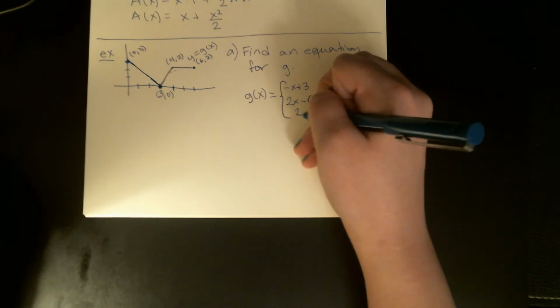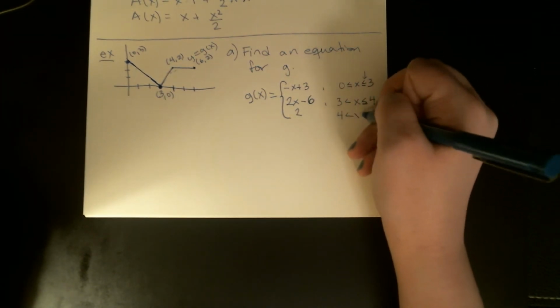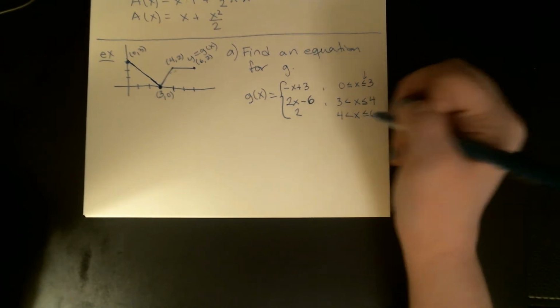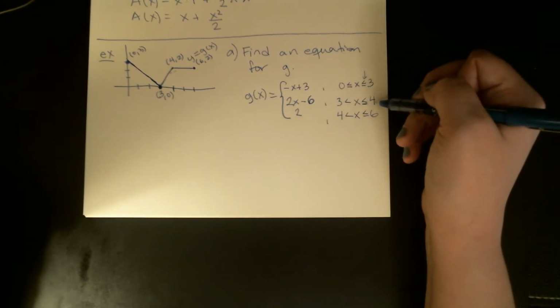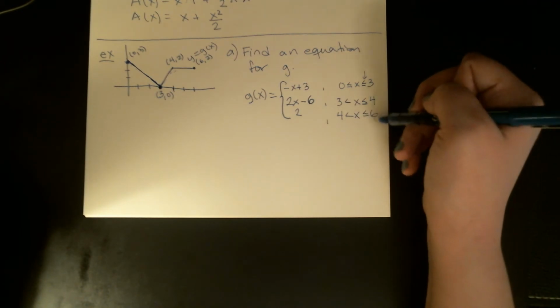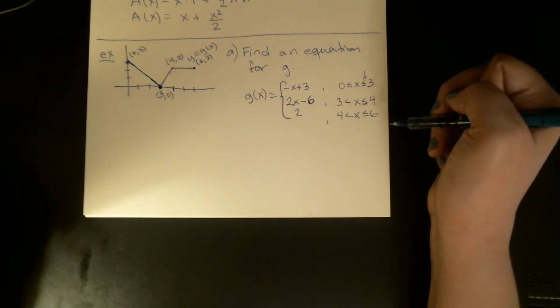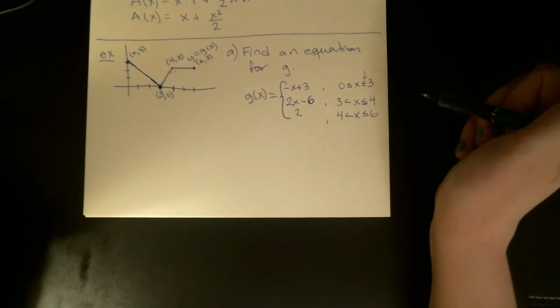So this just has equation y equals 2, and that holds for x bigger than 4 and less than or equal to 6. Because I chose to include the 4 in the middle piece, I won't include it in the last piece. I do need to include the 6 because there's no other piece to take that on, and I want a closed circle. So there's the equation for g.